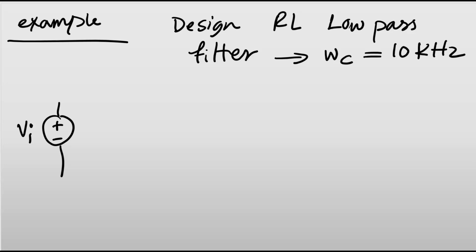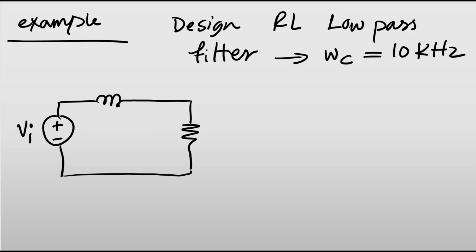This is my VI, and I need to have the voltage of the resistor to be the output voltage in an RL circuit to provide a low pass filter. Now the next question is, what should be the values of R and L in this circuit to have a cutoff frequency equal to 10 kilohertz.